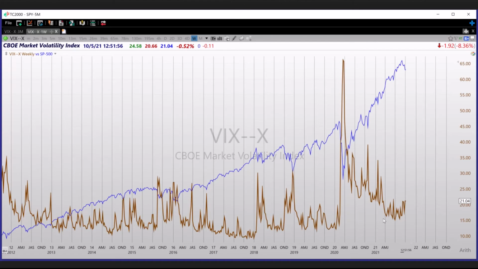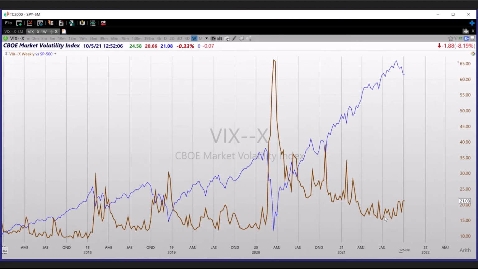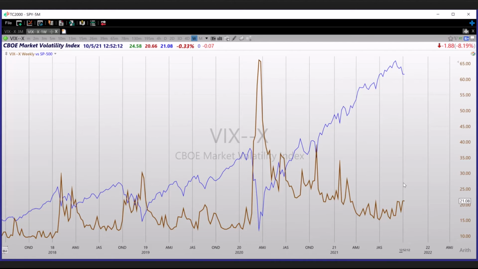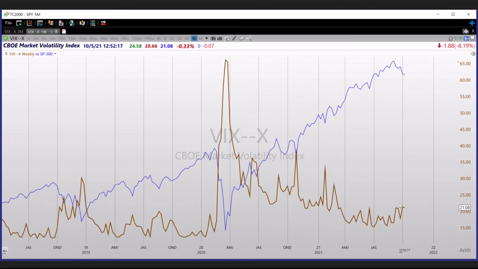So on a relative basis, the VIX suggests that volatility is at very inexpensive levels right now. Yeah, while the market is at very expensive levels because it's so much higher now than it was. Yeah, relative. That's exactly right. So it'll be interesting to see what happens from here.